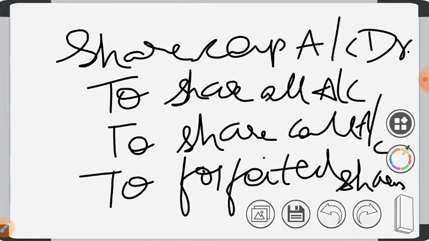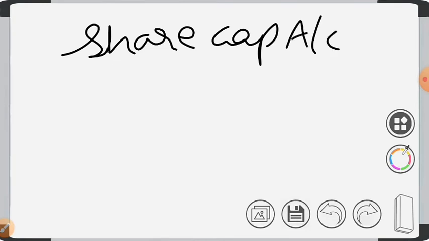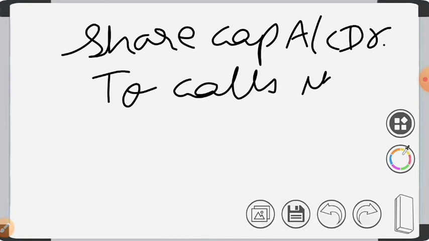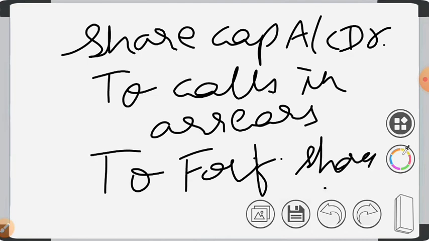Instead of writing share allotment and share call accounts separately, you can write it together as calls in arrears account. The entry would be: share capital account debited, to calls in arrears account, to forfeited share account.